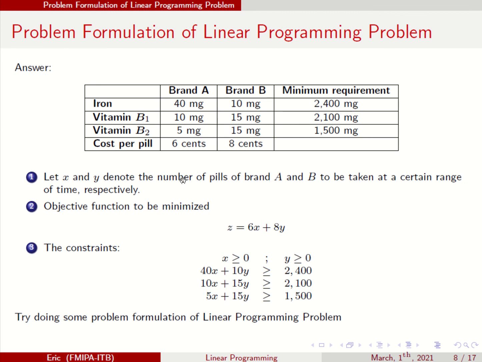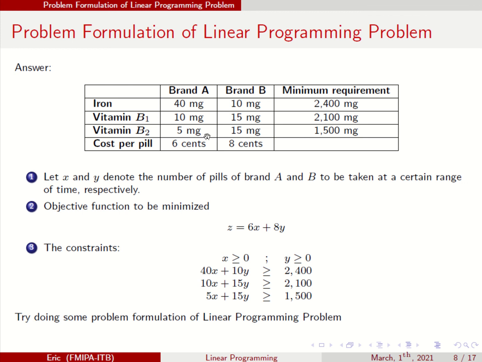What about the first one? If you take X pills of A and Y pills of B, the iron will give you 40X if you consume X pills of A, and you have 10Y if you use Y pills of B. So 40X plus 10Y is the total iron if I use X pills of A and Y pills of B. The total iron that I consume should be greater than or equal to the minimum requirement.